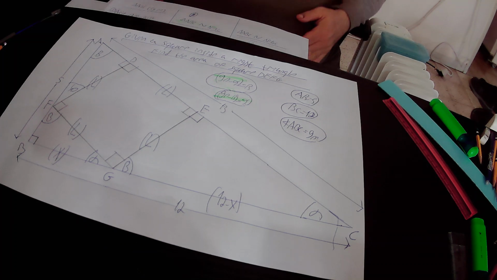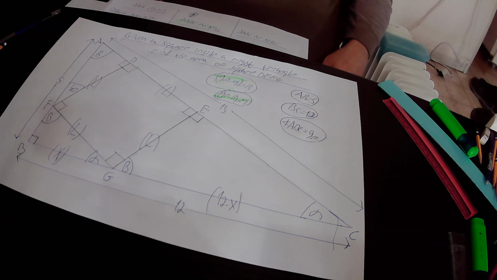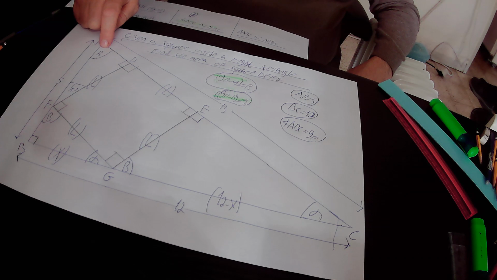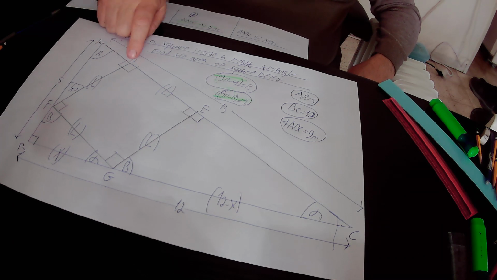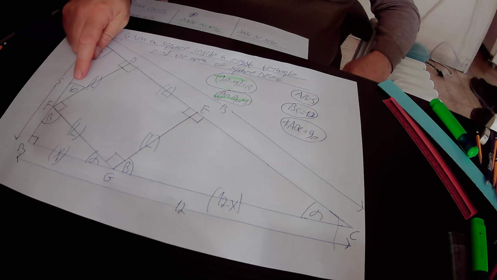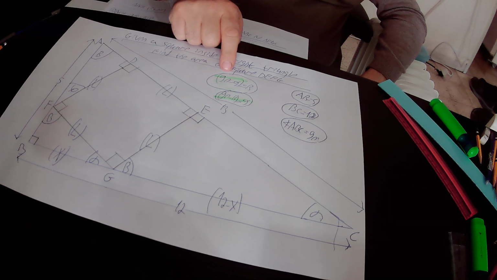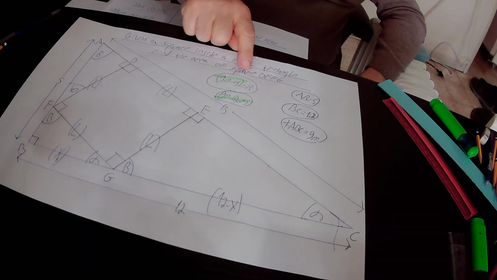Okay, then we focus on the right triangle, triangle AFD. In the right triangle AFD, this angle equals beta, this angle equals 90 degrees. Therefore the missing angle must be equal to 90 degrees minus beta. According to our definition, 90 degrees minus alpha equals beta.